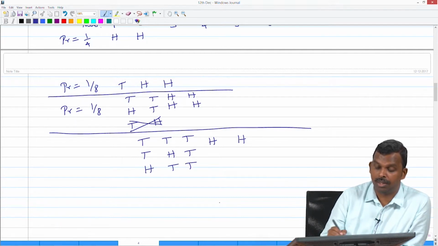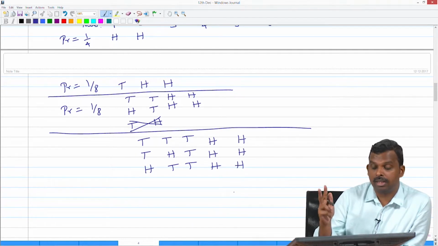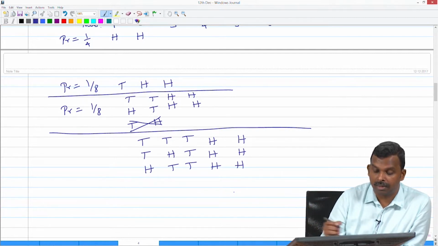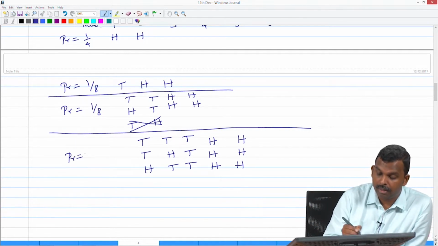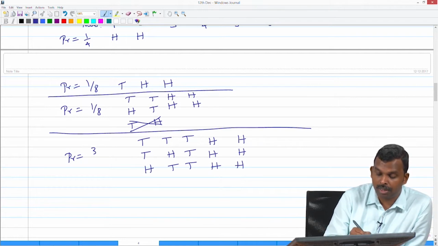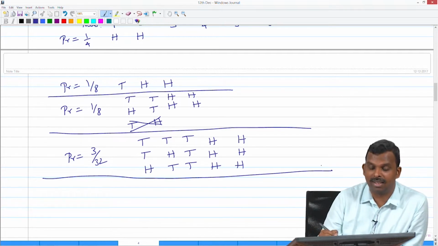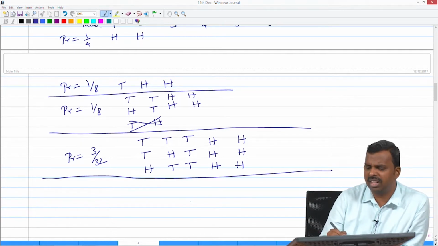These are the 3 possibilities under which you can have two consecutive heads appearing only in the fifth place. Each one of these is 1 by 32 in probability, so you have 3 by 32. So, you see the probability is dropping quite drastically, and it is not really very easy to compute.